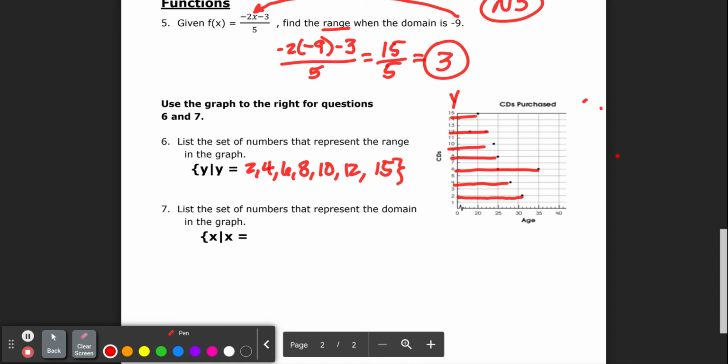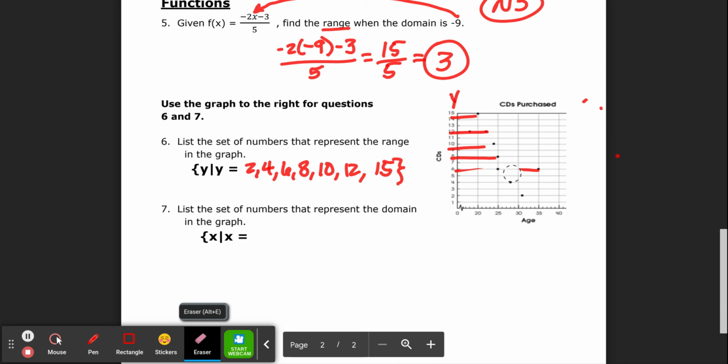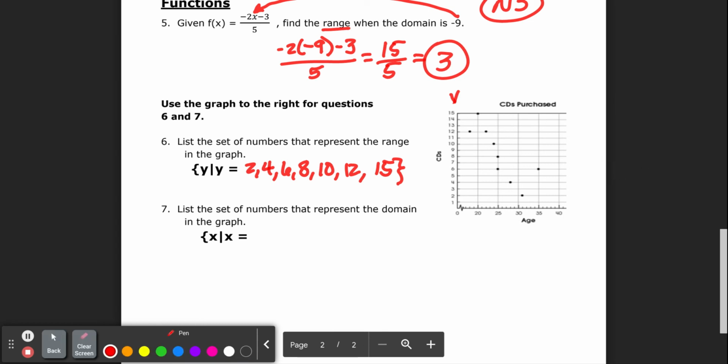Okay, now then, what I'm going to do is I'm going to erase this. And I'm going to erase a few other marks I have over here. And I'm going to change the color of my pen to blue. And now we're going to do the X. So the X, I'm going to start over here. And this one's just a little bit trickier.